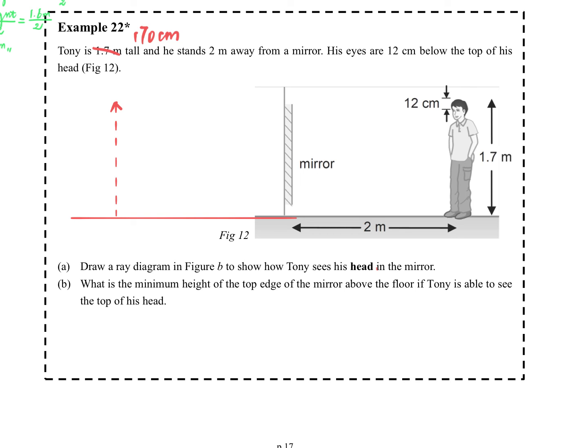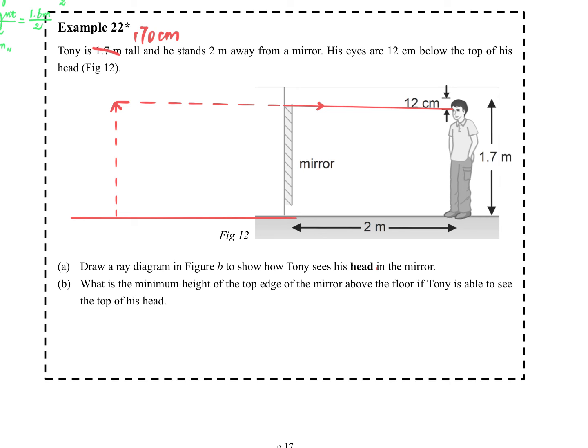And then, after drawing the image, the second step should be the light ray entering the eyes. To ensure that Tony is able to see his head, the light ray should be drawn like this. Tony sees his head.